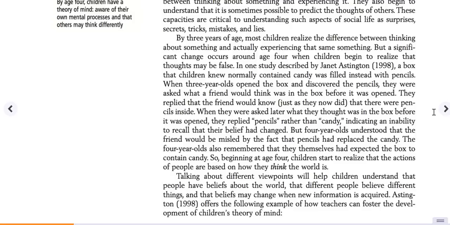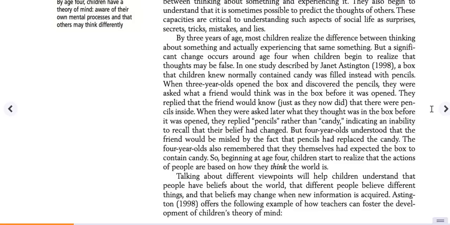They replied that the friend would know, just as they now did, that there were pencils inside. When they were asked later what they thought was in the box before it was opened, they replied, pencils rather than candy, indicating an inability to recall that their belief had changed. But 4-year-olds understood that the friend would be misled by the fact that pencils had replaced the candy.